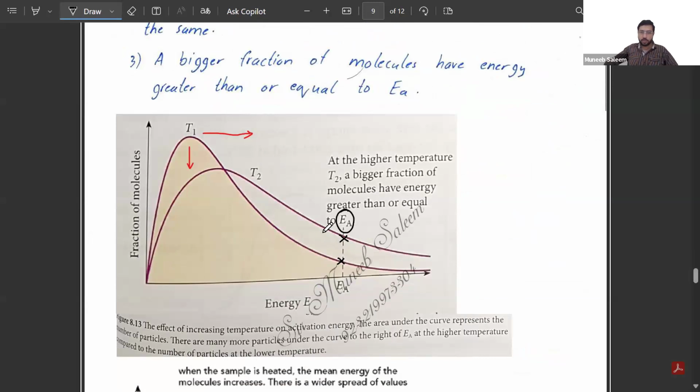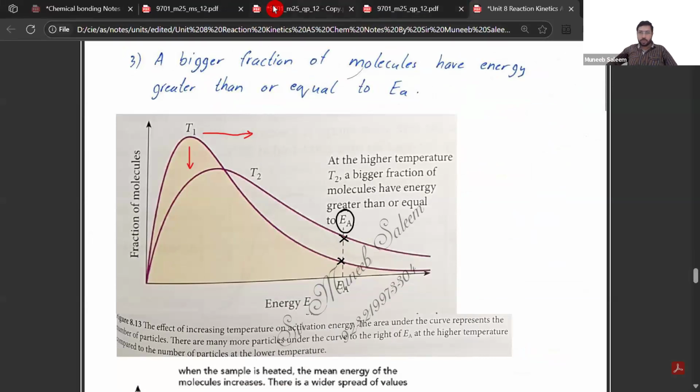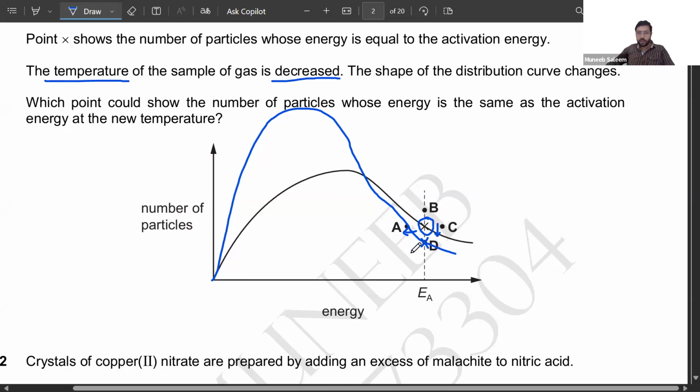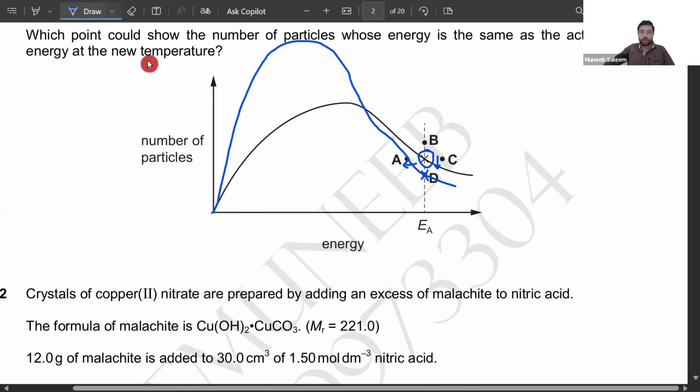The value has been shifted to the lower position. So we can conclude that in our question, the value of x must move towards the bottom position over here. So this is D. D is the right answer, where we are finding the new position of the x at lower temperature. So this is the correct answer.